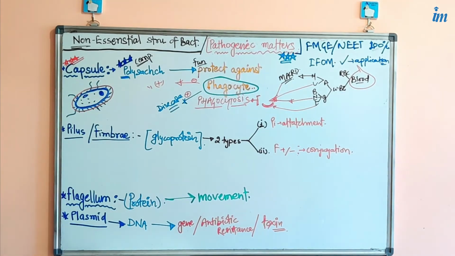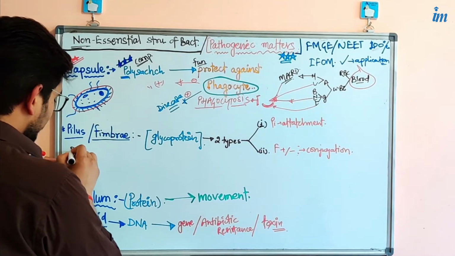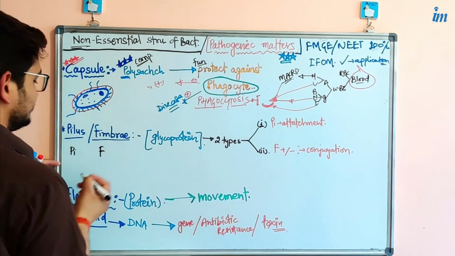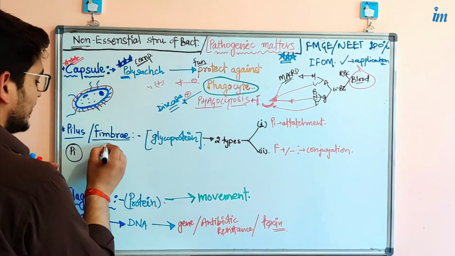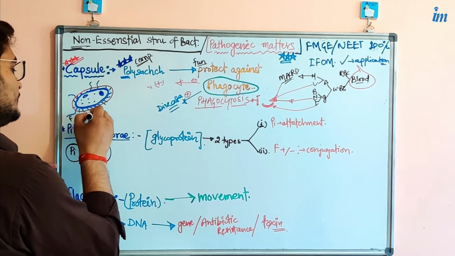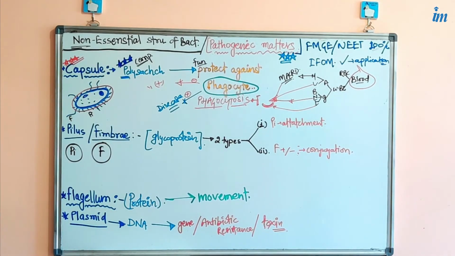And the second one, which is the non-essential part of the bacteria, is pilus or fimbriae. Remember in my first video I told you that pilus is represented as Pi and fimbriae as F. Pi and F. This is composed of glycoprotein.